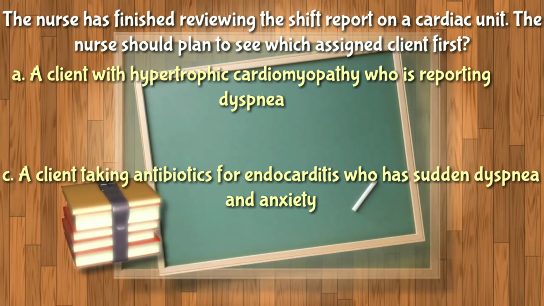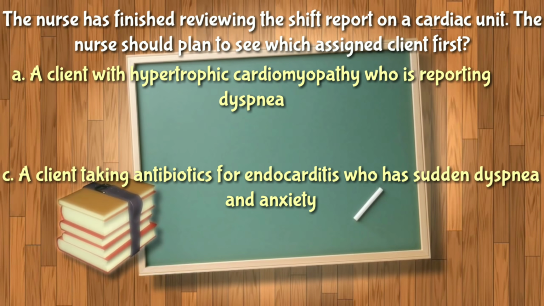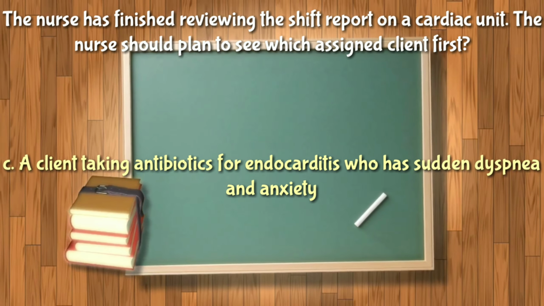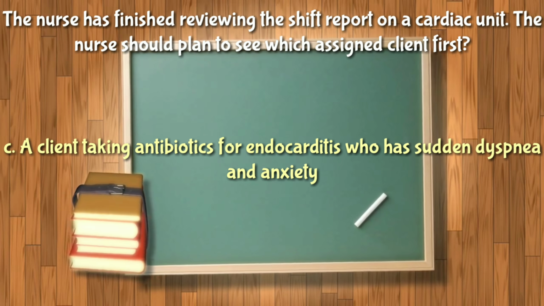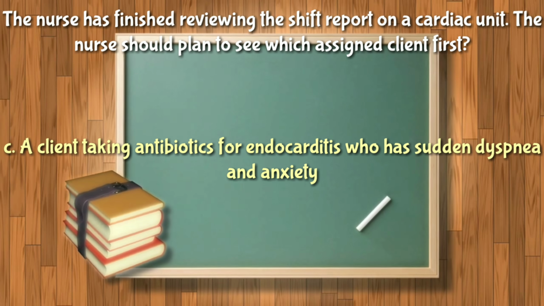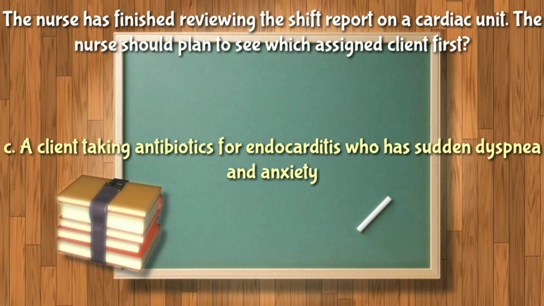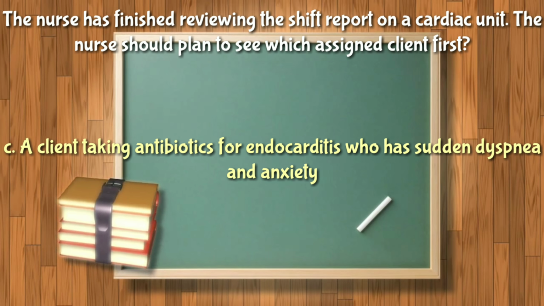That is why we are left with the final answer, which is letter C, because a client with endocarditis is at risk for thrombus formation. And also take note that chest pain and anxiety are signs of pulmonary embolism, which is a life-threatening complication that requires immediate attention. So that is the final answer.